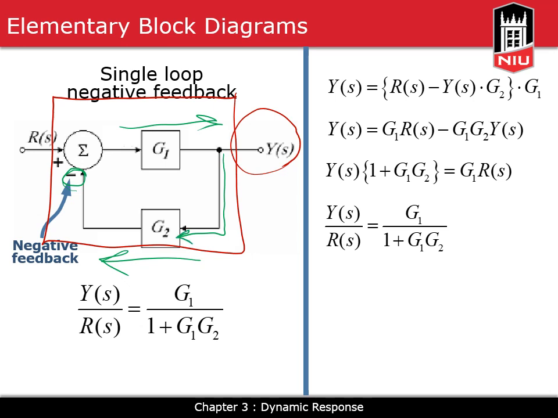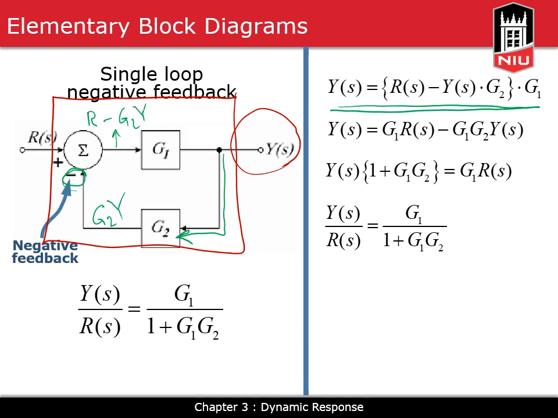So its output is G2 times Y, correct? So the output of the summation point would be R minus G2 times Y. That is what goes into G1. So the output of G1, which is our output Y, is G1 times (R minus G2Y).